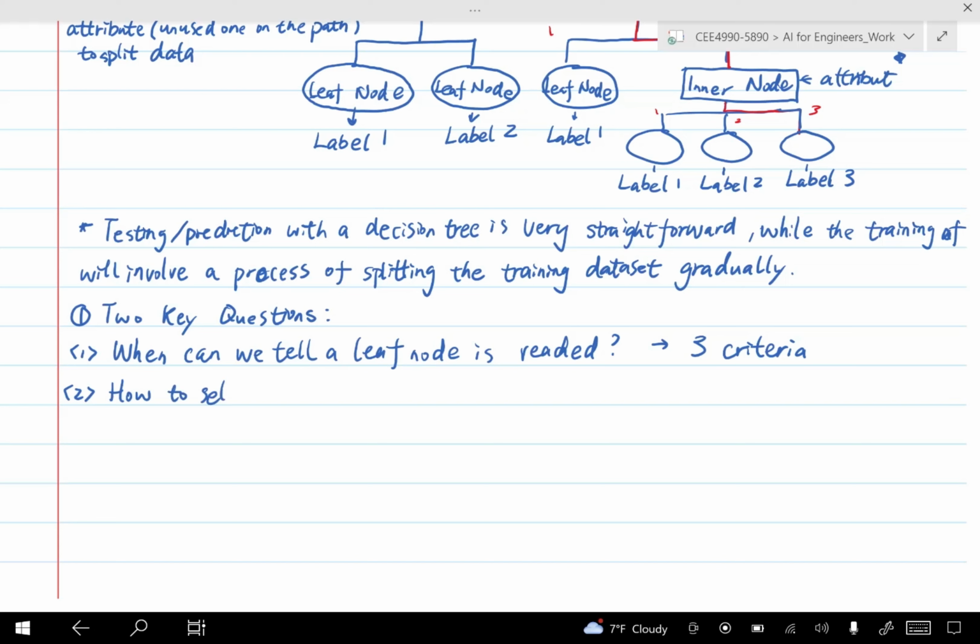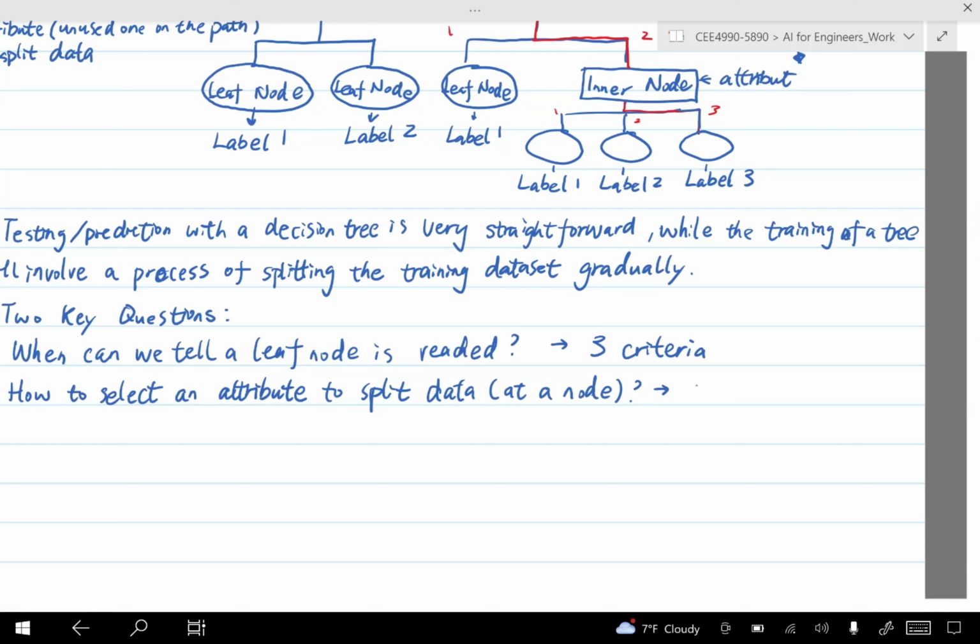Here we need to make a decision for attribute selection at every node. And the answer to this question will lead to different decision tree algorithms. And that's something that we will be discussing after we finish introducing the 3 criteria. Here DT is short for decision tree.